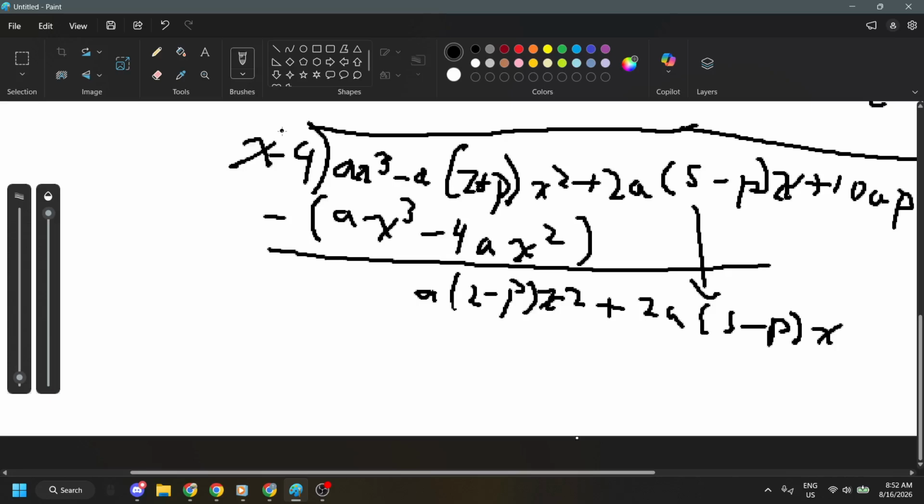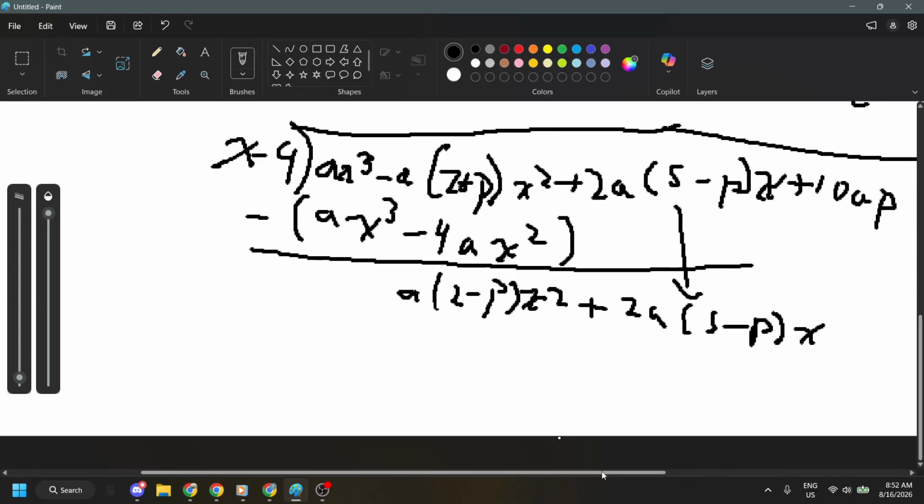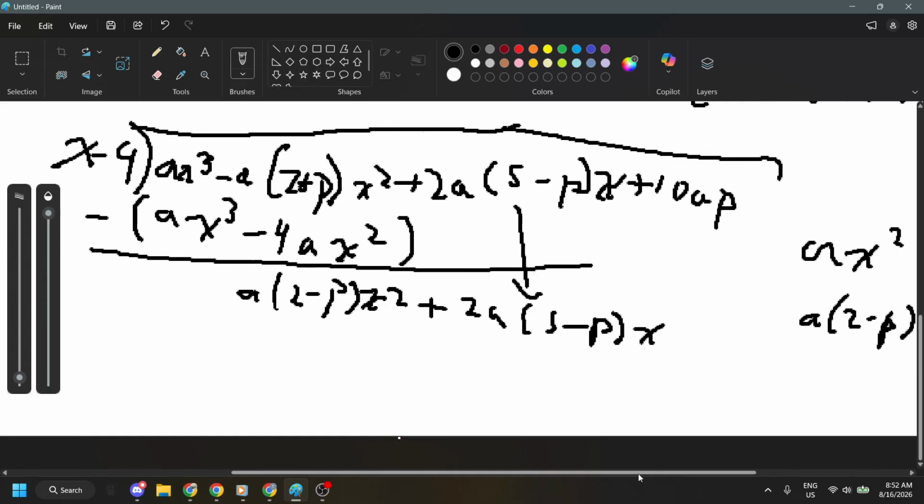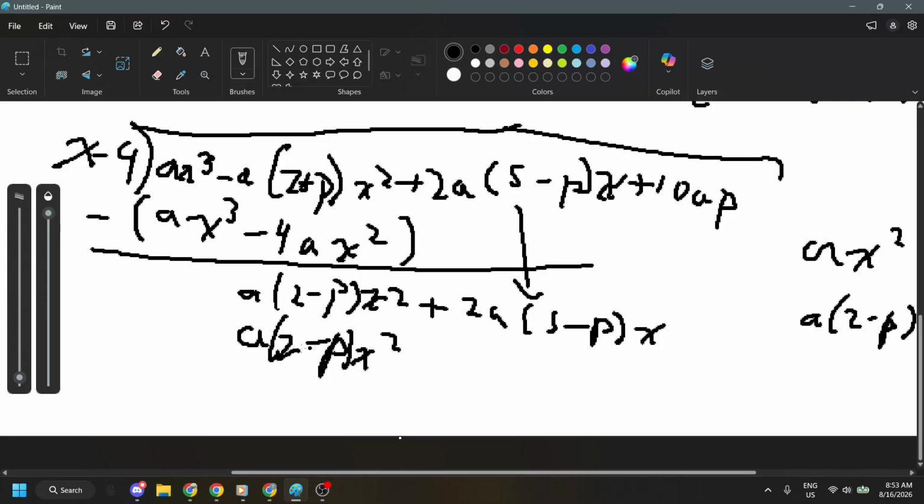So what we want to do this time is multiply it by a 2 minus px. That would give us a 2 minus px squared. So these two cancel out, and we subtract this.